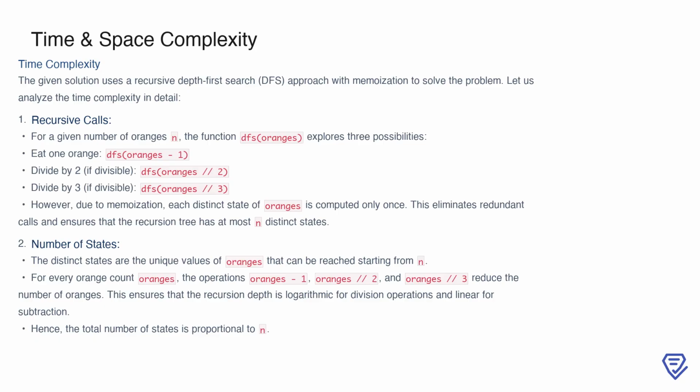The distinct states correspond to the unique values of oranges that can be reached, starting from n. Each operation, whether subtracting 1, dividing by 2, or dividing by 3, reduces the number of oranges, and this ensures that the recursion depth grows logarithmically for division operations and linearly for subtraction. As a result, the total number of states is proportional to n.